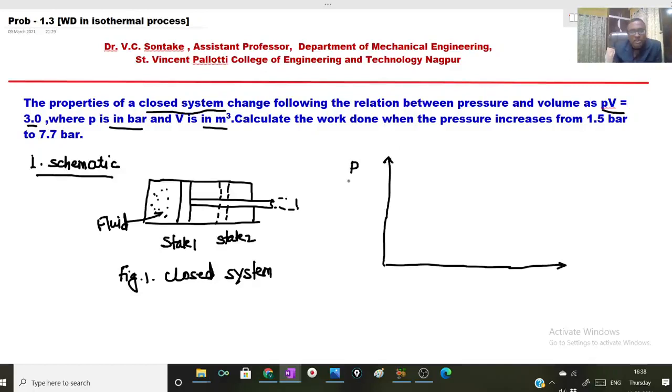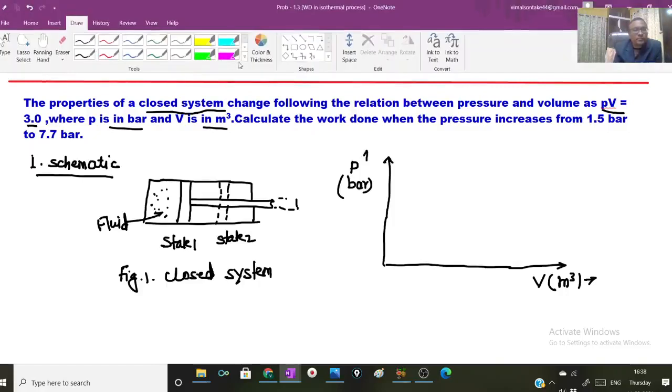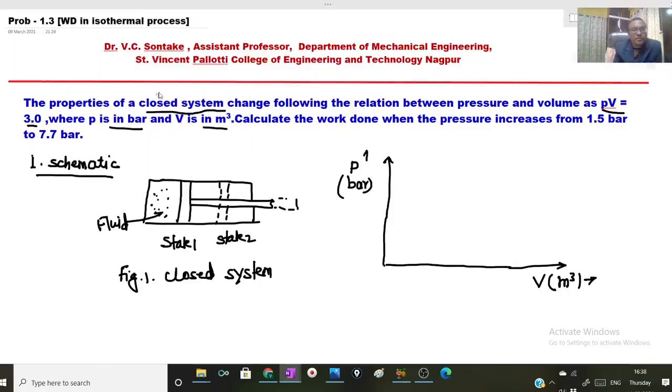So here pressure is considered in bar and volume is in meter cube. Now let us first locate the initial state point. As we know, it is an isothermal process and it is a compression process.